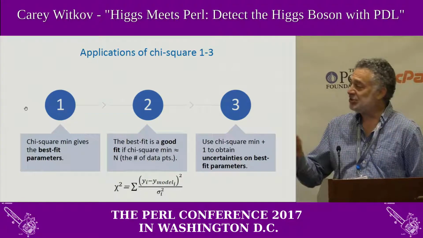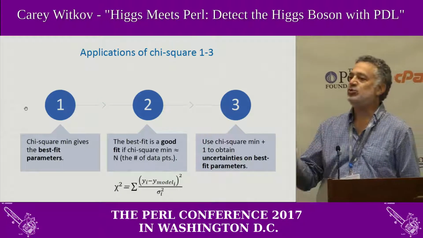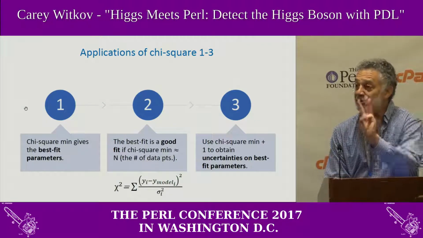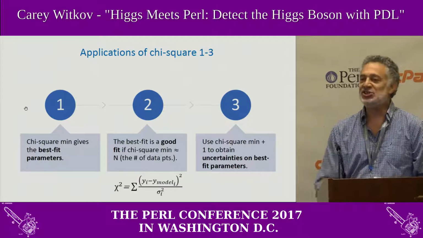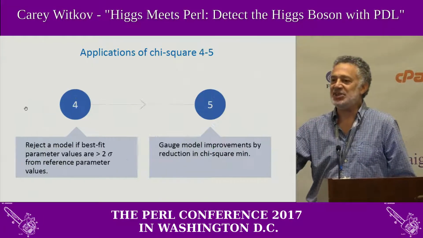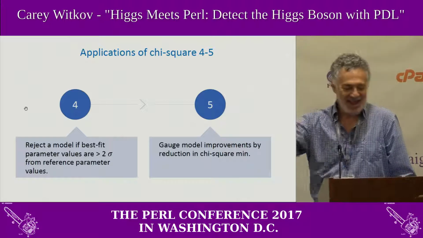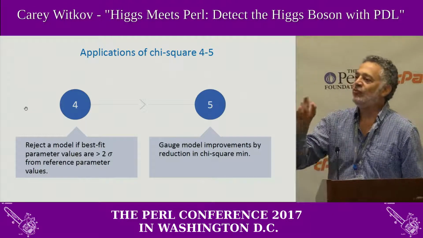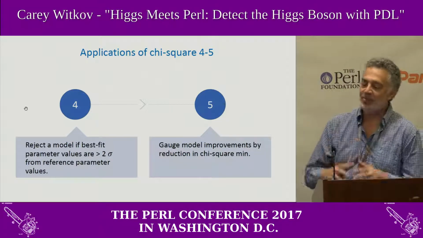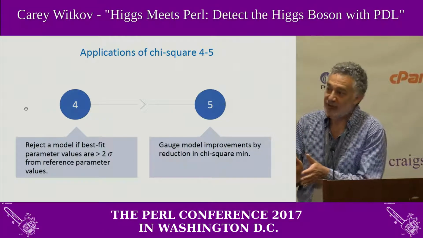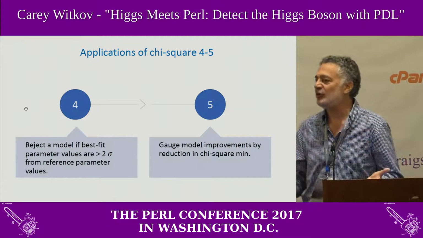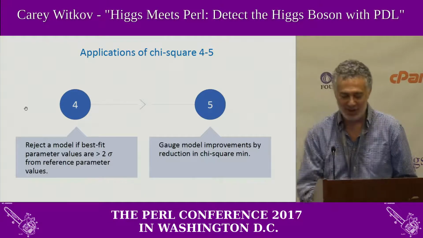Then third, you can use chi-square min plus 1 to obtain the uncertainties on the best fit parameters. Those are 3 uses. And just like those late night advertisements that say, but wait, there's more. 2 other uses for chi-square. We can now reject the model if the best fit parameter values are significantly, like 2 sigma, away from reference parameters, if we have the luxury of knowing what they should be.